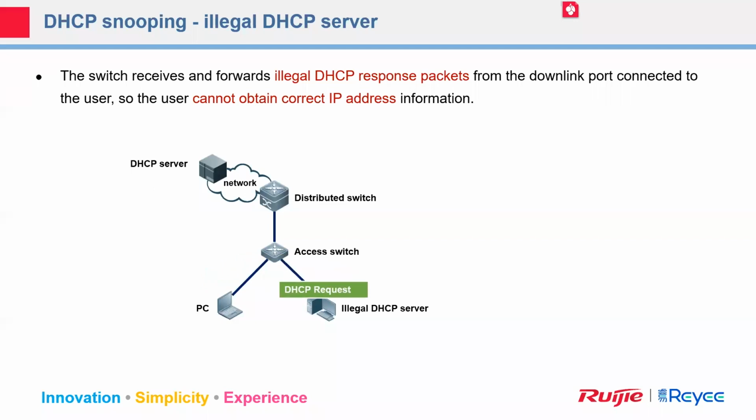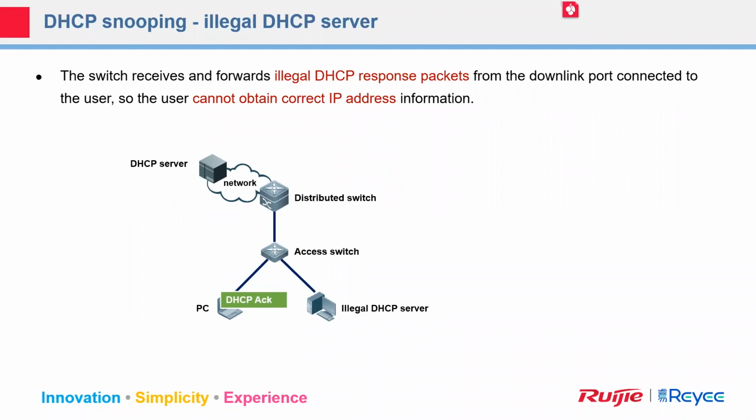Then the switch will send the packets to the illegal one, and the illegal one will give the ACK packets, a reply saying please use this IP address. So in this scenario, the PC finally uses the packets from the illegal DHCP server.